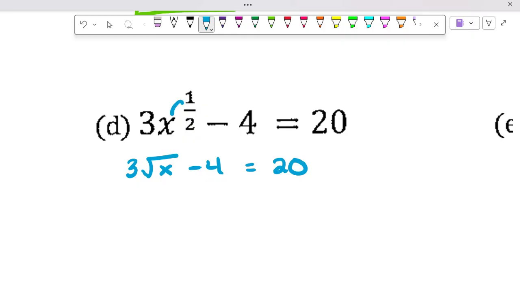Now, we got some stuff outside of the radical. All right. So remember when we were doing this with quadratics, think SADMEP. All right. Technically, the square root is our exponent in this case. All right. So based off of SADMEP, what would I have to do first? Add the 4 to both sides.